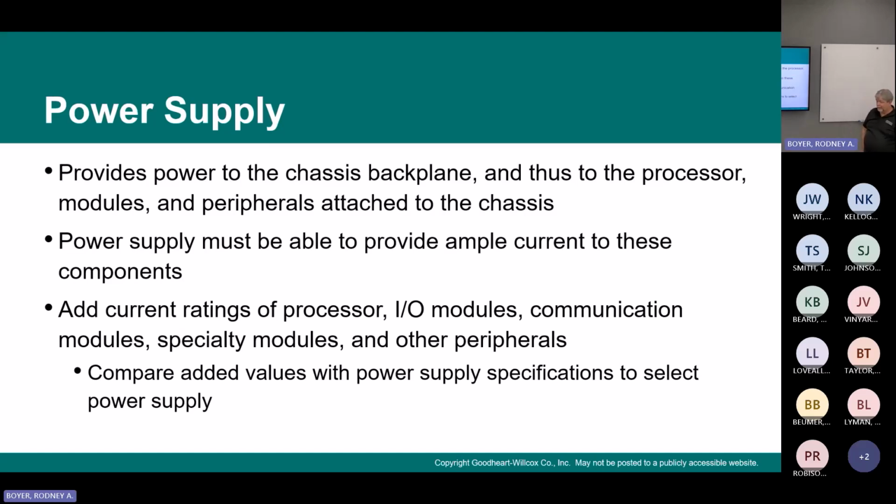Power supply provides power to the chassis backplane and thus to the processor, modules, and peripherals attached to the chassis. That is also true with the MicroLogix. The backplane on these actually comes up front, this ribbon connection here.